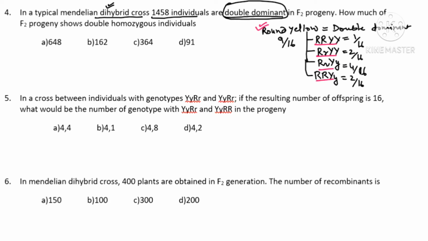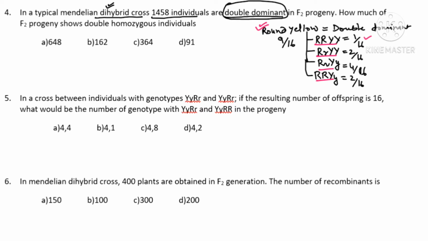These are the different genotypes it can exist in. The probability of all homozygous is only 1 out of 16. First heterozygous and second homozygous is 2 out of 16. Both heterozygous will be 4 out of 16. And again, one homozygous and second heterozygous will be 2 out of 16. So these are the genotype probabilities.